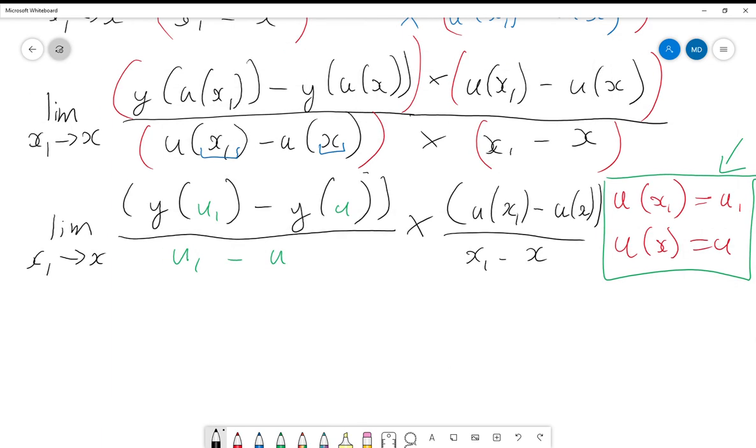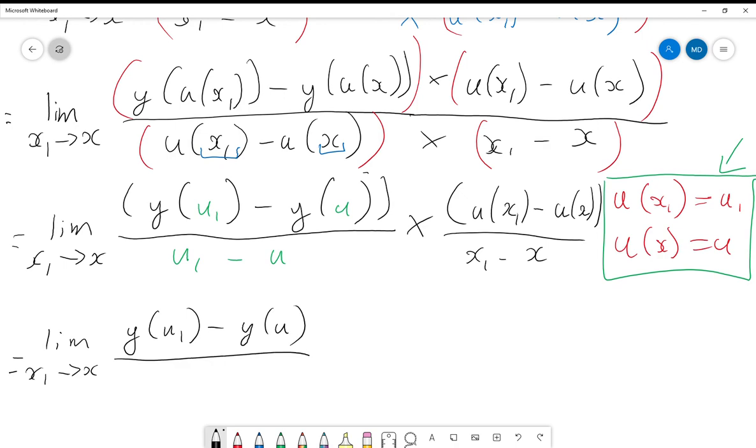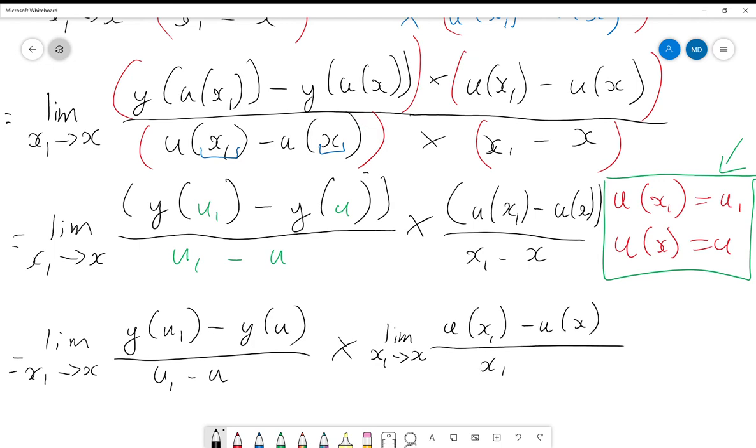So this is the same as the limit as x1 tends to x of y of u1 minus y of u all over u1 minus u, multiplied by the limit as x1 tends to x of u of x1 minus u of x all over x1 minus x.